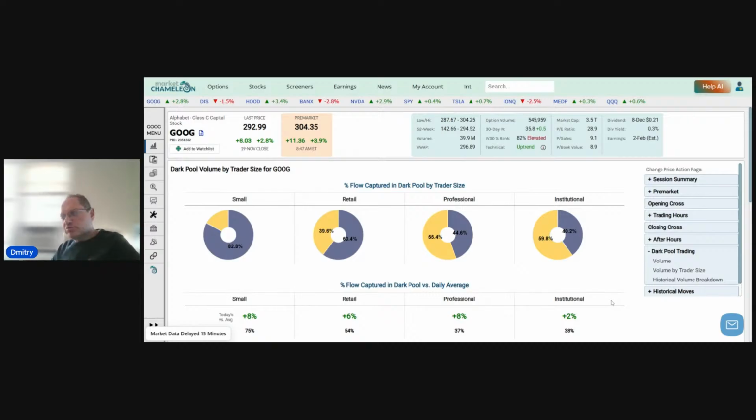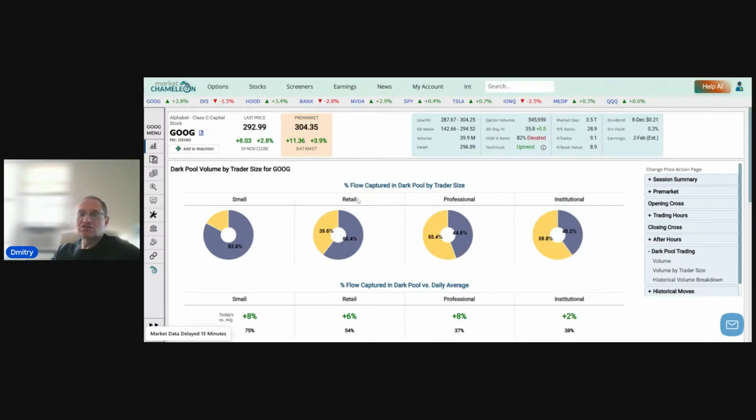This brings us to this view where we have volume by lit exchange, which is here in the yellow, volume in the dark pools, which is here in this shaded dark area. And we also slice it by the trader size type. So if it's a small trade, we'll put it in the small bucket.